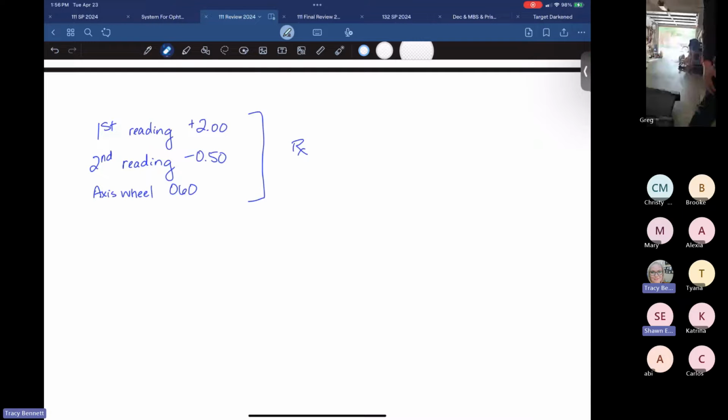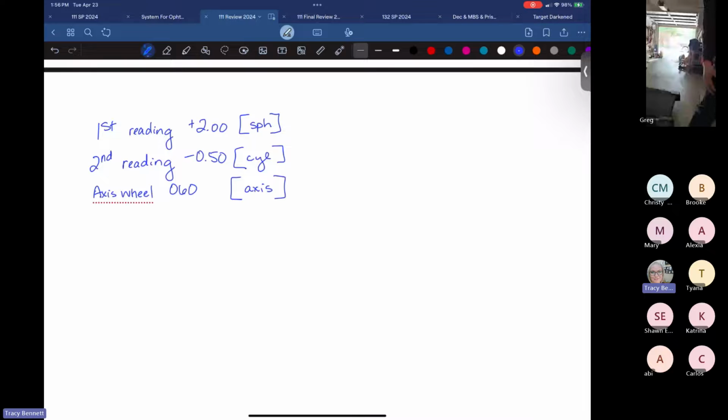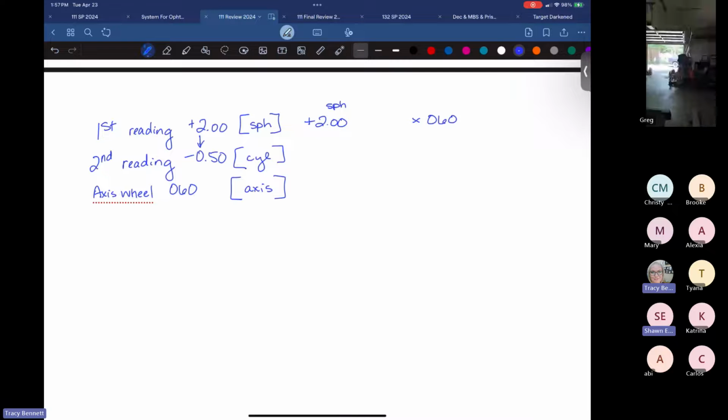So you need to know that, +2 -2.50 at 60. Yep, and that's the axis. So we can say +2, that's my sphere, right? And the axis is set at 60. And then we're talking about the difference from +2 to a -.50. Think money. Then we went -2.50.